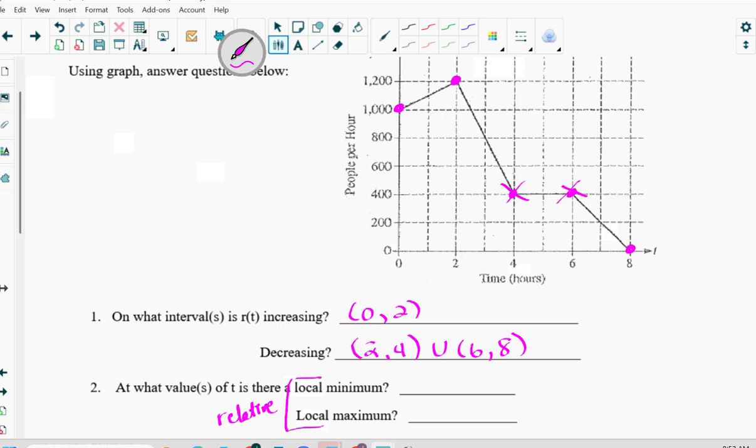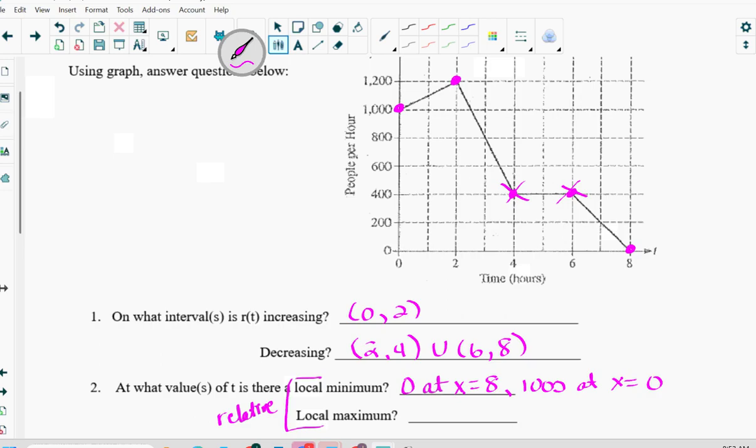So what do you think, guys? What are the minimums? Perfect. 0 at x equals 8 and 1,000 at x equals 0. Does that make sense? These endpoints can be relative or local mins or maxes.